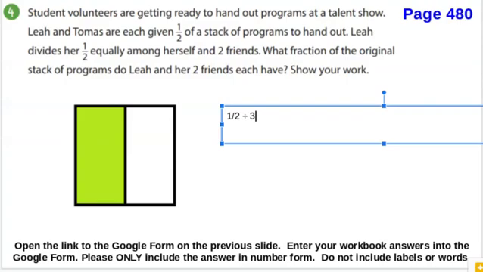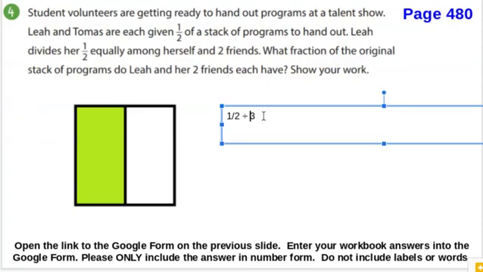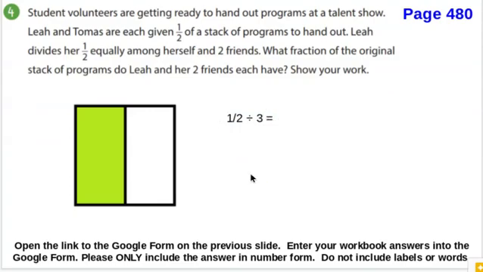So now we know that this half stack, some Leah's going to hand out, and some another friend and another friend are going to hand out. So they're going to help her. And our job is to figure out, well, what fraction of the entire original stack is each person getting? So again, I'm starting with a fraction here, and I'm dividing it by a whole number, which means that each person, if I'm starting with a half and they're sharing it, they're going to get a piece smaller than what I'm starting with.